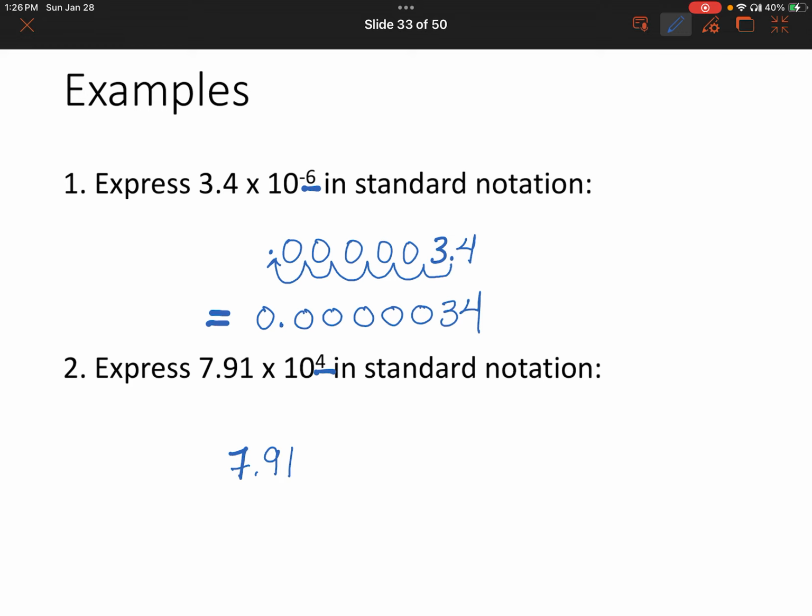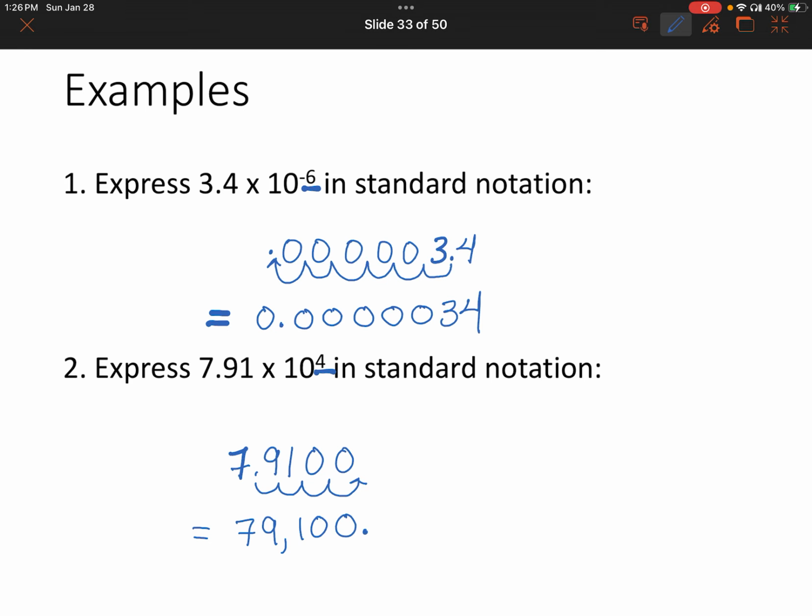Now, my exponent is also positive, so I know that this is a larger number, so I'm going to move my decimal to the right. 1, 2, 3, 4. And I'm going to fill in those empty spots with zeros. So this is equal to 79,100.